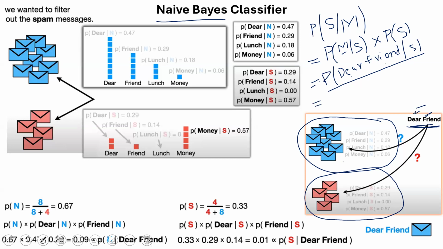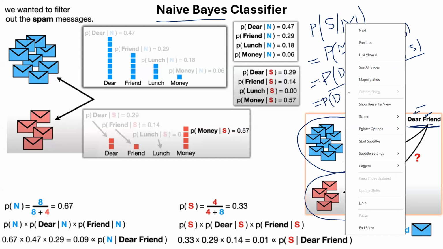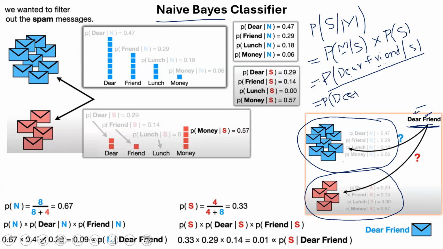So the probability of "dear friend" given spam becomes, as "dear" and "friend" are independent, probability of dear given spam multiplied by probability of friend given spam. So you are converting this conditional probability into a multiplication, because the naive Bayes approach considers "dear" and "friend" as independent of each other.